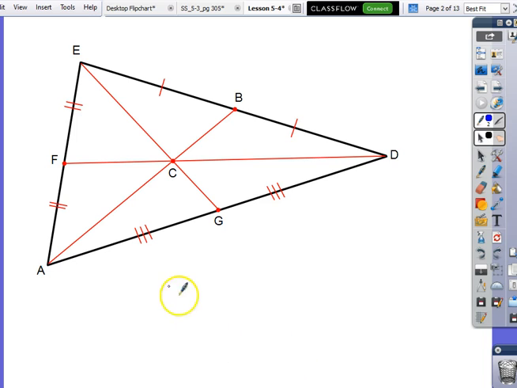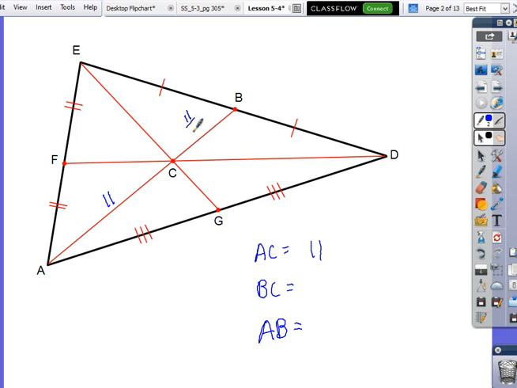I'm going to tell you that AC is 11, and you need to tell me BC, and you need to tell me AB. So hopefully you realize that AC was the longer length. It's 2/3 the length. This is 1/3. That means AC is going to be twice as long as BC.